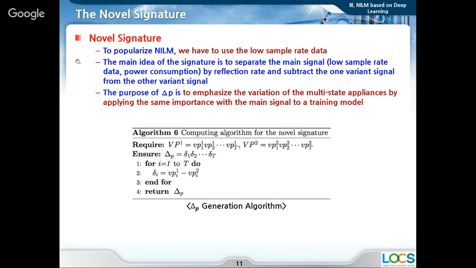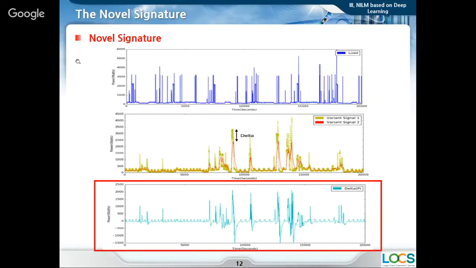After generating the variant signals, we have to calculate the novel signatures. Two variant signals are required, and the output will be the novel signatures. The algorithm is simpler than before. We just calculate the subtraction operation between two variant signals, and then we get the novel signatures. We summarize these procedures by the figures.